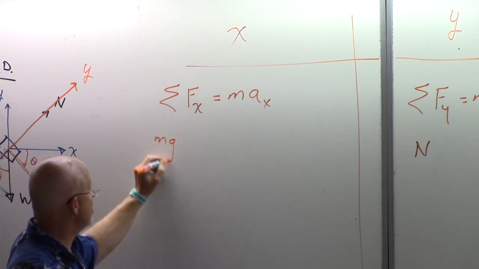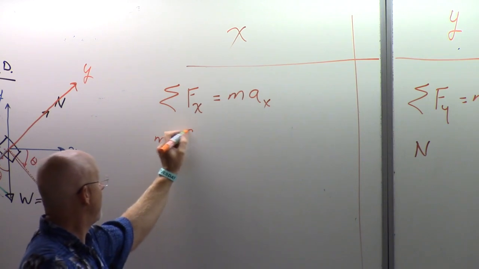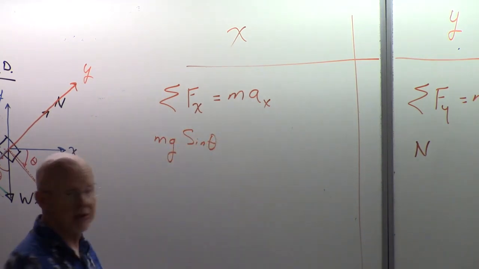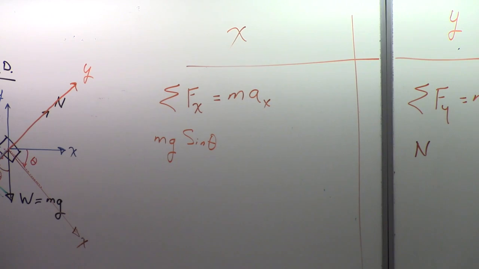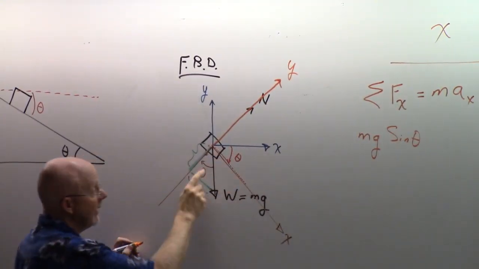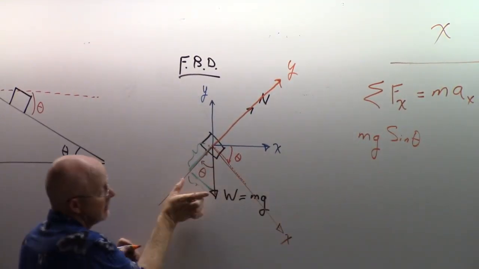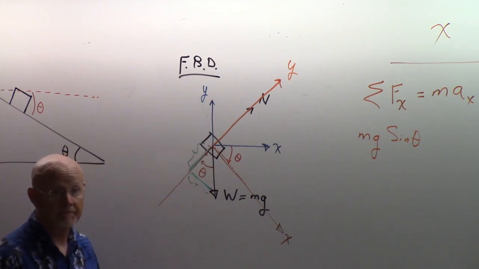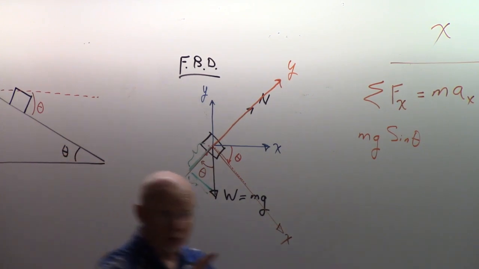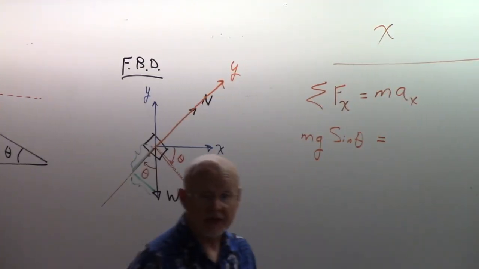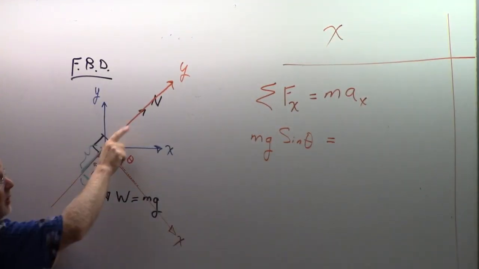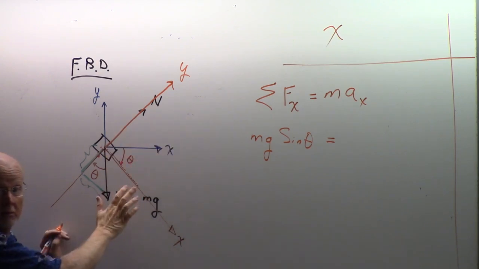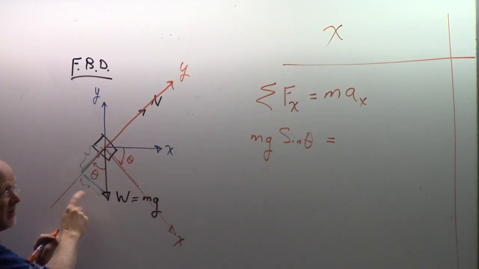Well, its weight is mg, and the part on the x-axis is sine theta. That's this piece right here. So look at this triangle. This is the hypotenuse. This is the weight of it. And I want opposite, that's why I did sine, of it. And that's the only x component. That's what makes it so easy. Remember, we tilted it, so the normal force was only in the y. That is the only piece in the x-axis, right there.